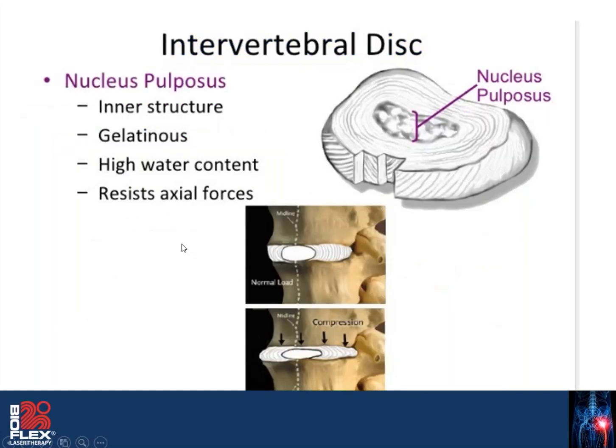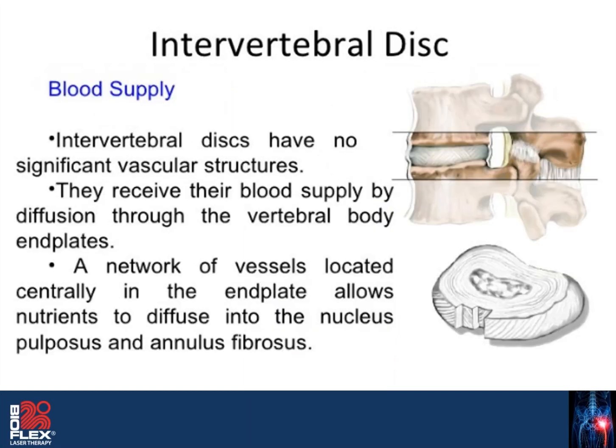The center of the disc is the nucleus pulposus. It's a gelatinous, fairly high water content structure. Basically, it resists axial forces to help reduce compression of our nerves in our spine.